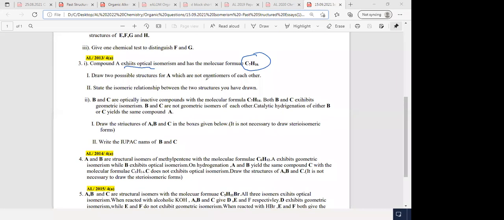Draw two possible structures for A which are not enantiomers of each other. That means you can't take L and D as the two structures. Two different optical isomers you have to draw. What are optical isomers? Having a chiral carbon, an optically active carbon, an asymmetric carbon.